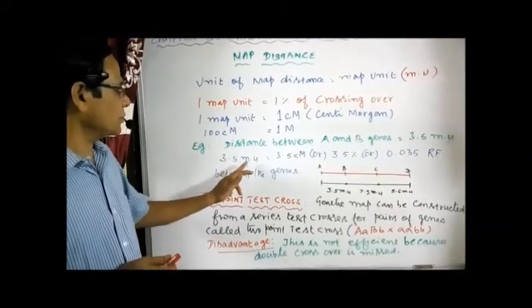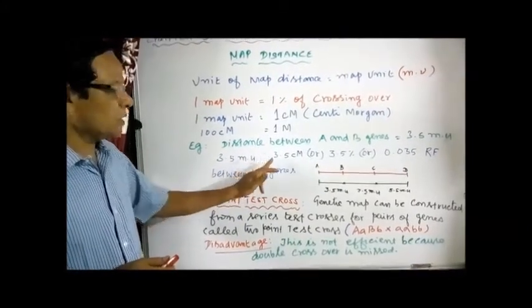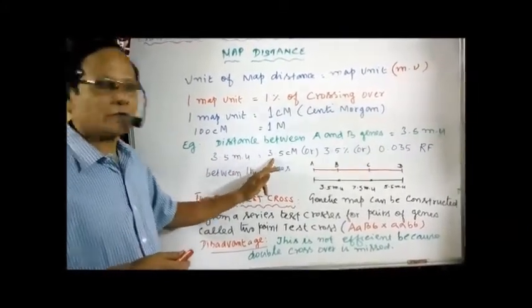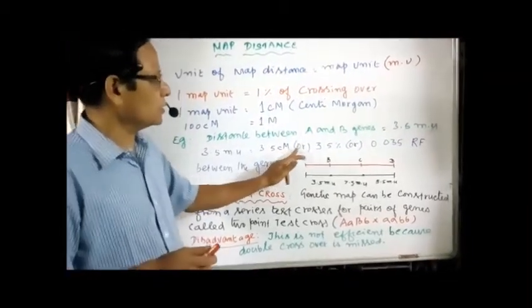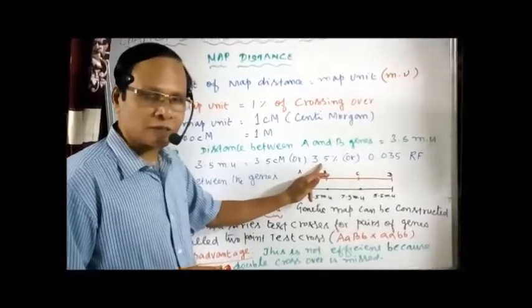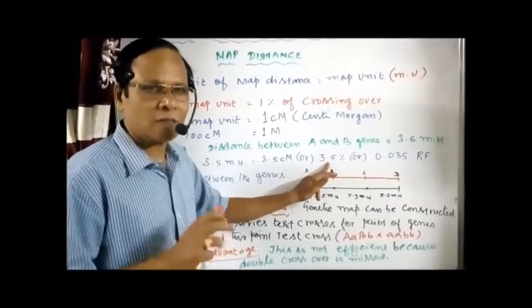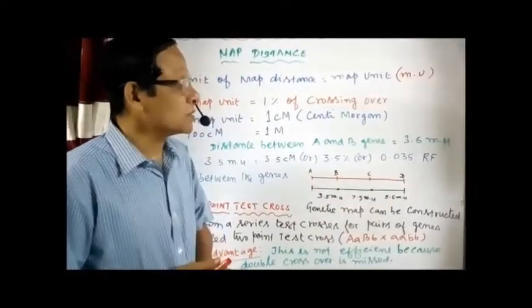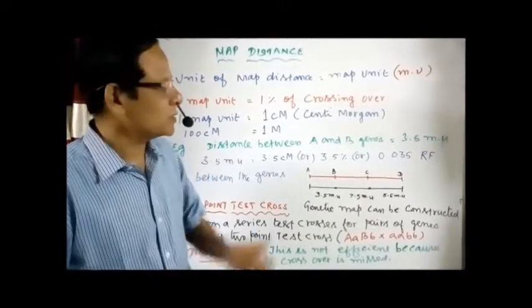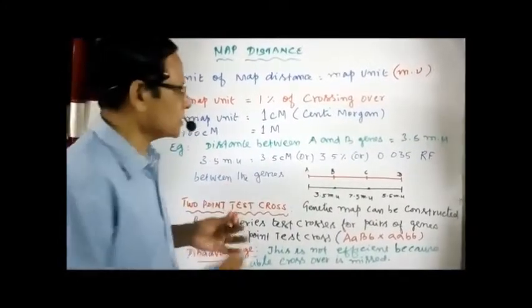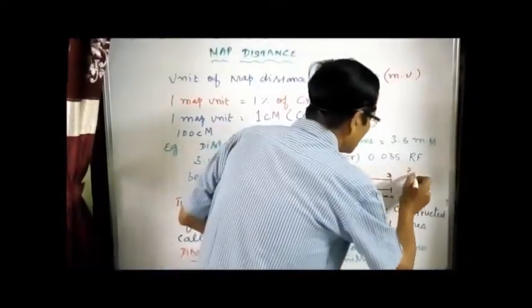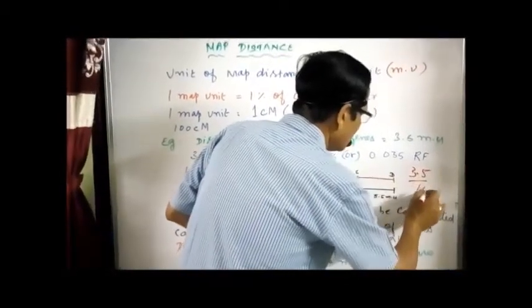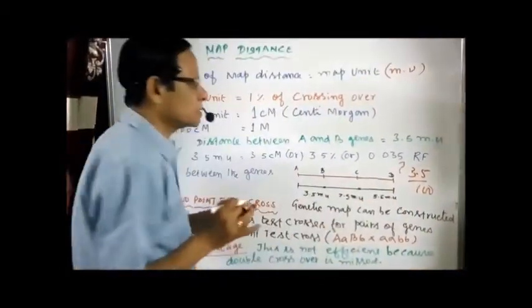So 3.5 map units is equivalent to 3.5 centimorgan, or 3.5 percent recombination, or in terms of frequency 0.035, that is the recombination frequency. This is because we have 3.5 per 100, so we get 0.035.